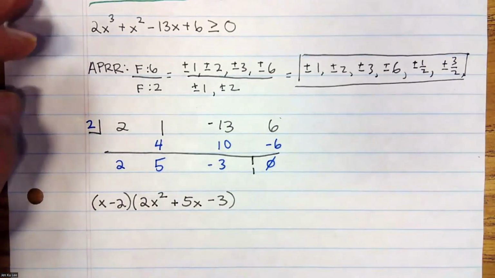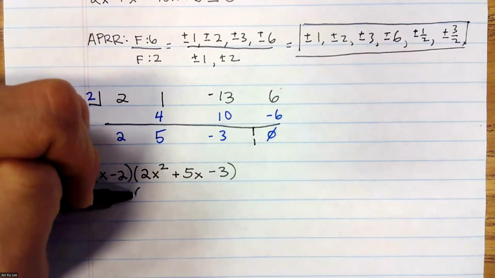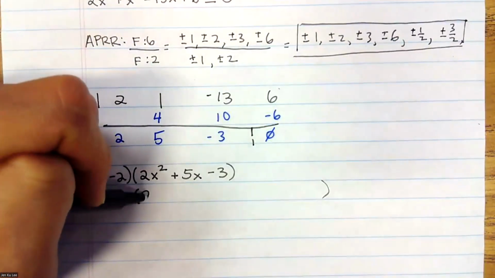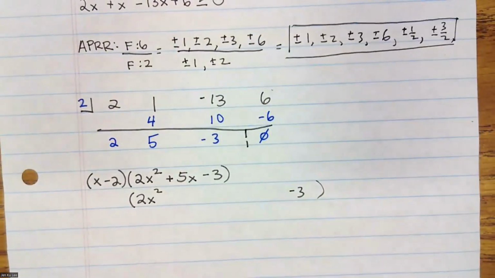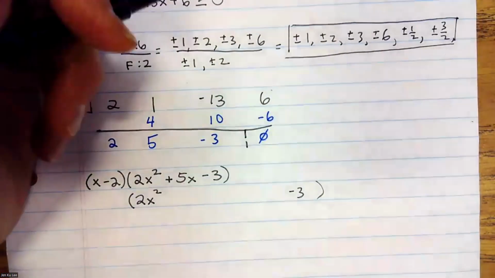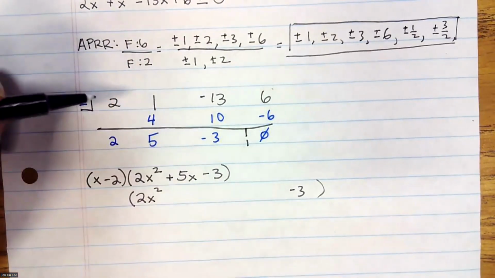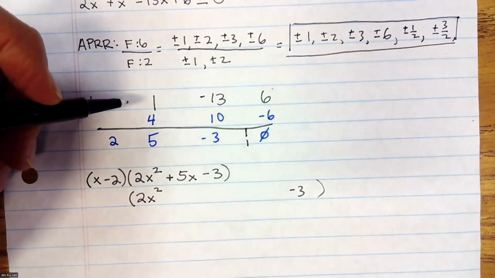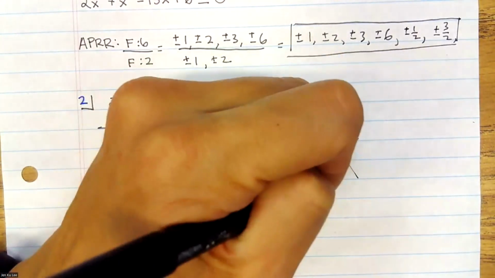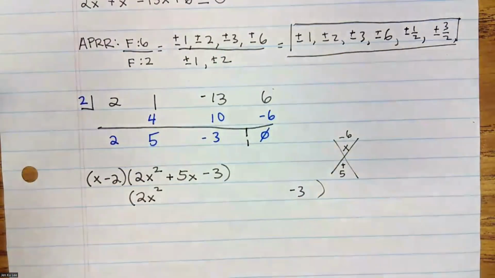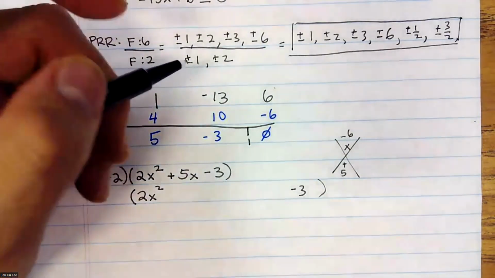Right? And here, since it's x squared, I'm just going to factor it out. Can I get two numbers that multiply to negative 6 and have a sum of 5? Two numbers that multiply to negative 6 and a sum of 5. 6 and negative 1?